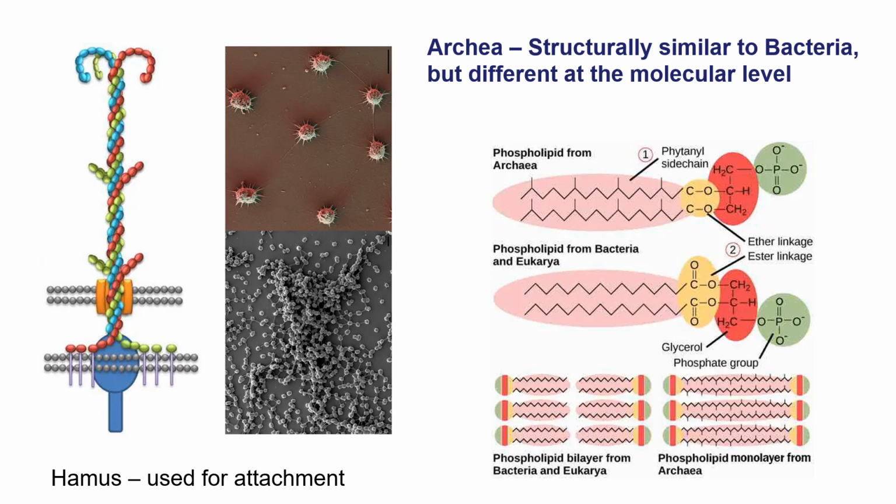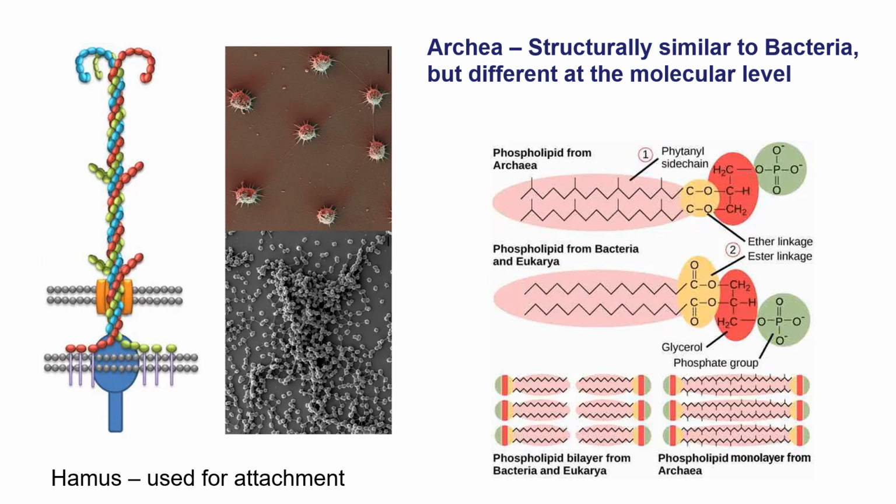Down the bottom there, you can see that in membranes, we have two layers of phospholipid. You can see the diagram there for the phospholipid bilayer from bacteria and eukarya. If you've done any biology, I'm sure you've looked at this in high school, you know that that's how most cell membranes, the ones that you've been told about, are built.